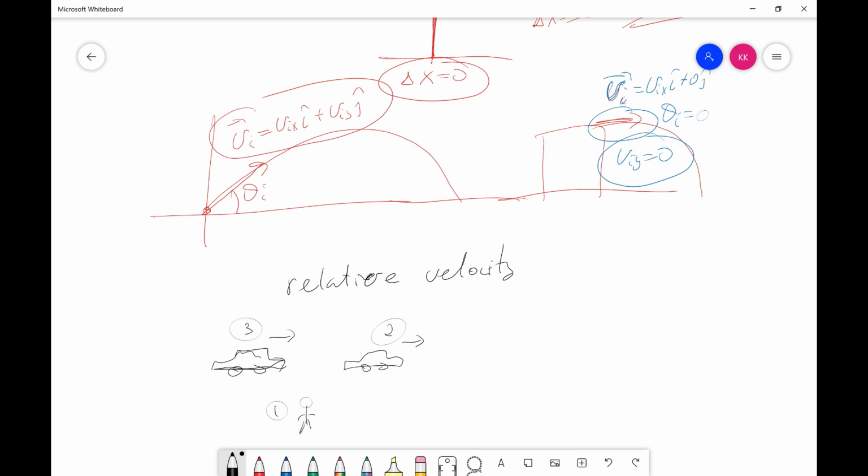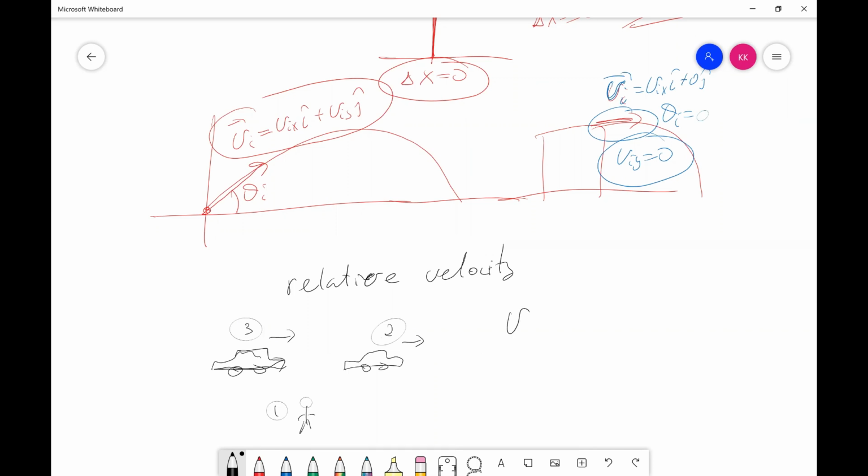So basically the car 1 is moving, car 2 is moving, car 3 is moving, person 1 is at rest or something like that. Then you can find their relative velocities because there is no absolute velocity. Whatever car 2 speed is cannot be described by 1 and 3 with the same quantity, with the same value.